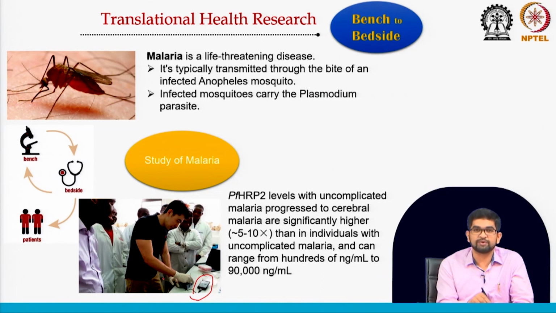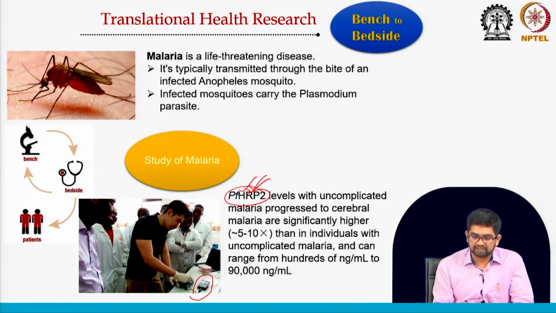So, we first went for the testing. Professor Peter Lillehoj's group went for testing this one. They found that PF-HRP2 levels in uncomplicated malaria progressing to cerebral malaria are at significantly higher concentrations. PF-HRP2 is a biomarker of malaria, so we can detect this biomarker if you have malaria.